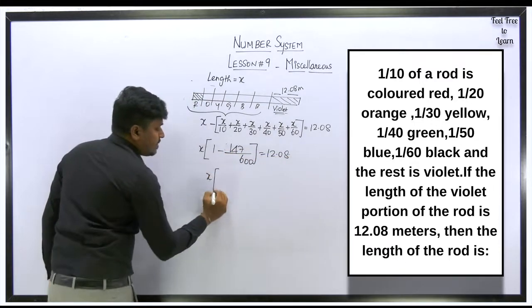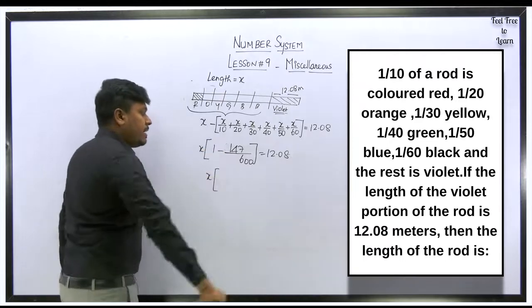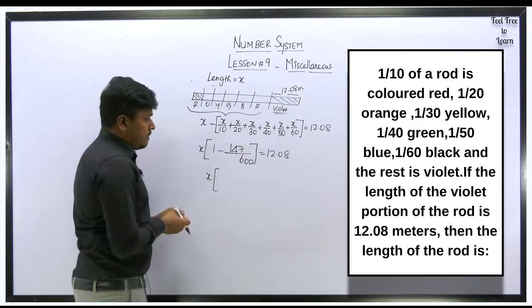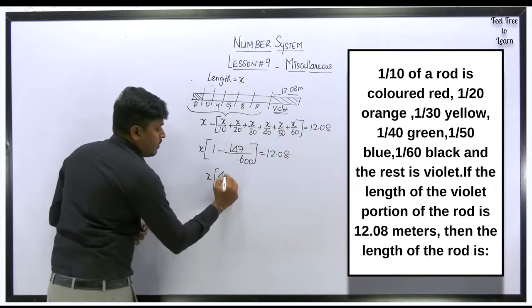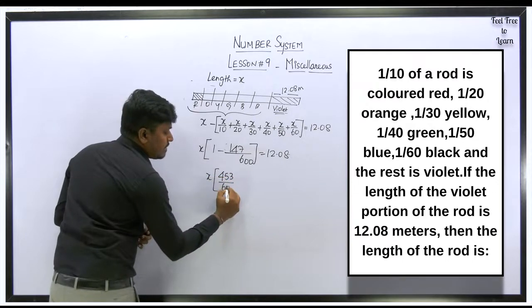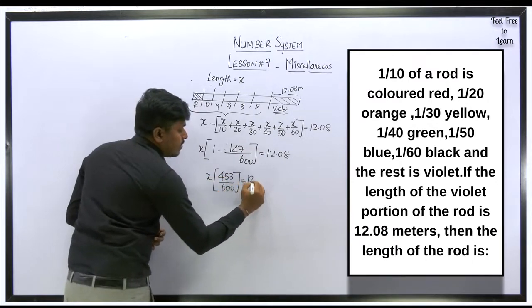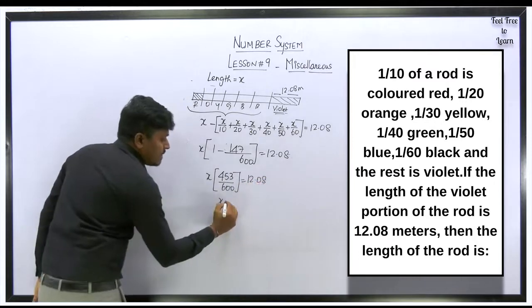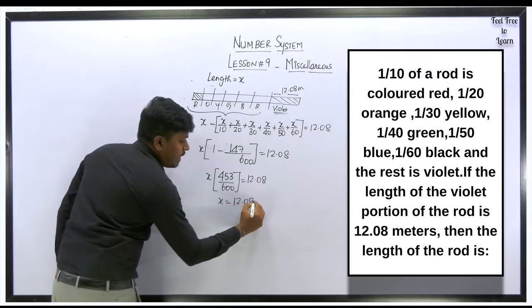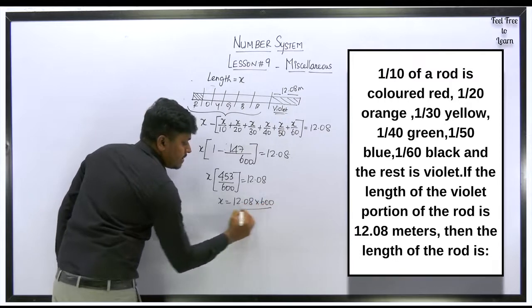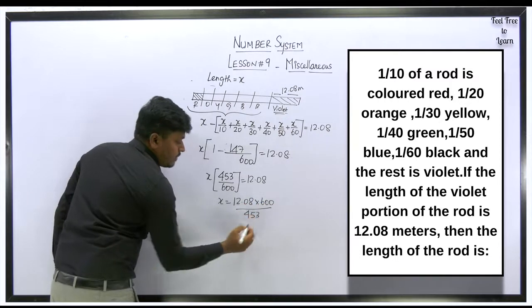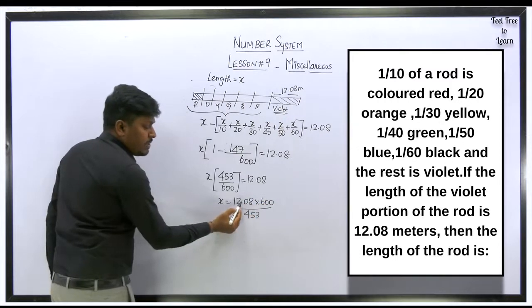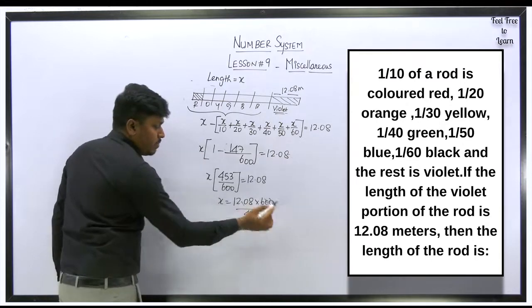So x is equals to, subtract 600 minus 147 will be 453. So 453 divided by 600 is equals to 12.08. So x is equals to 12.08 into 600 divided by 453. Here you have one decimal point, so we can cancel this decimal point and 2 zeros here.